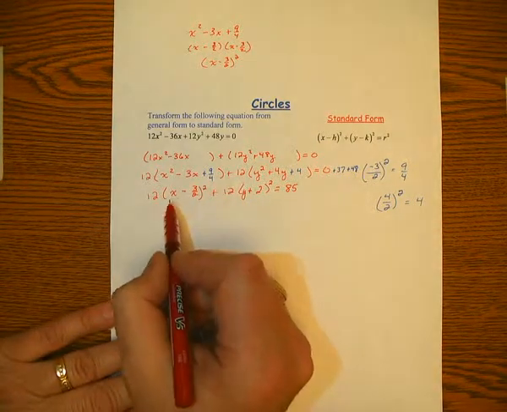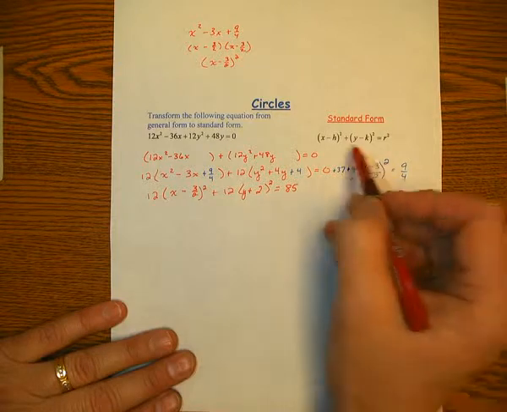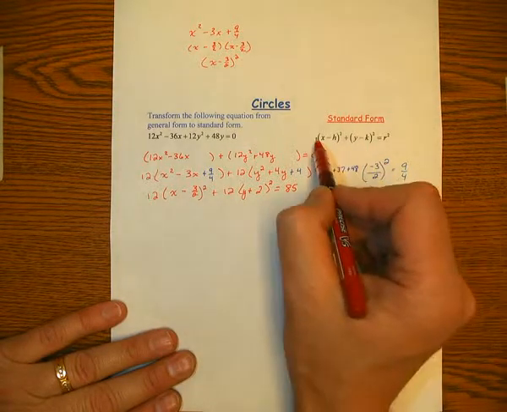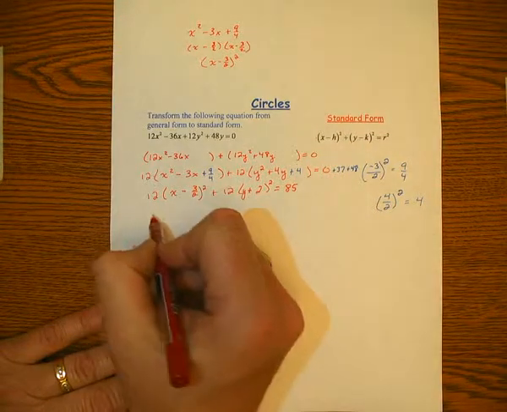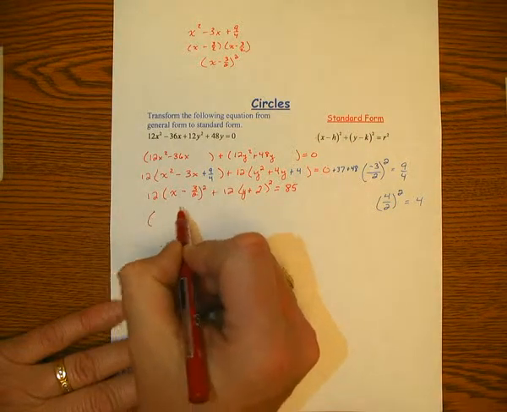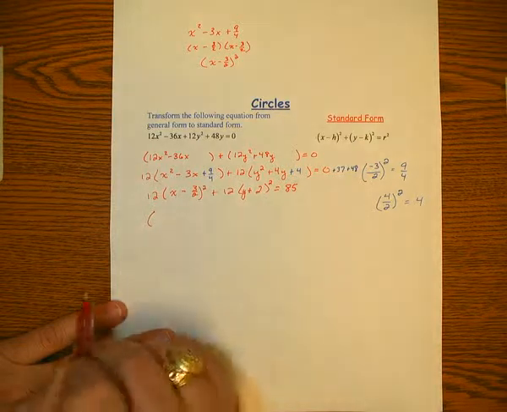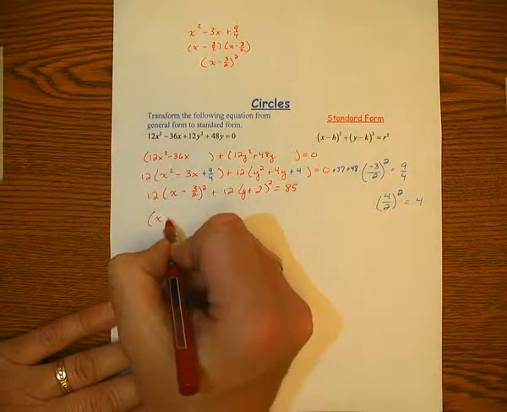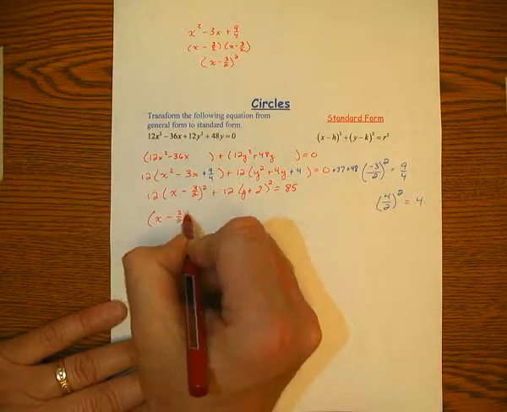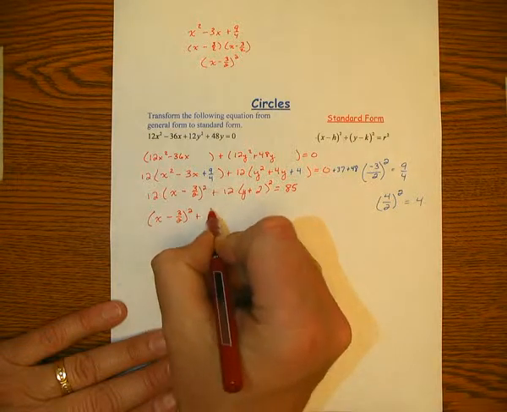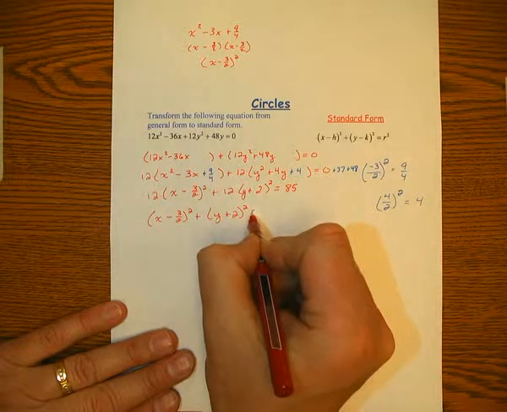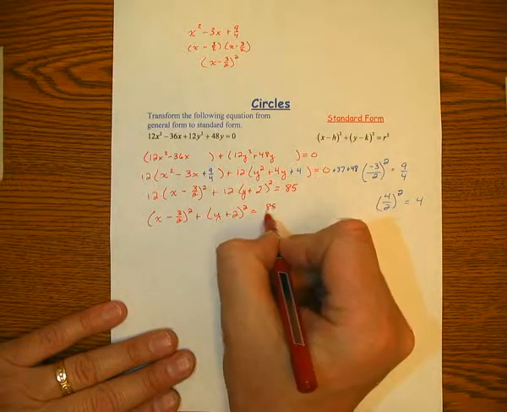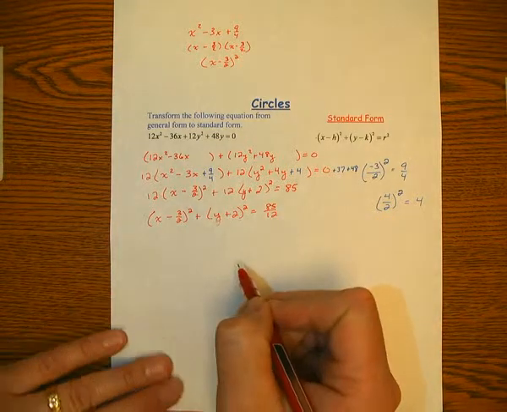All right, and then the last step is to be in standard form. Anything in front of our parentheses, we need to move to the other side. So we're going to divide all these by 12. That will give you x minus 3/2 squared plus y plus 2 squared equals 85 over 12.